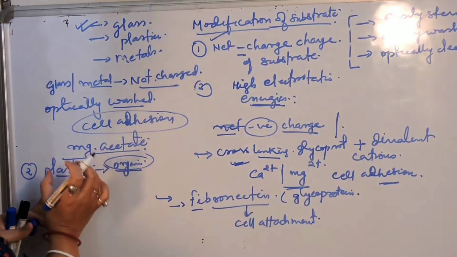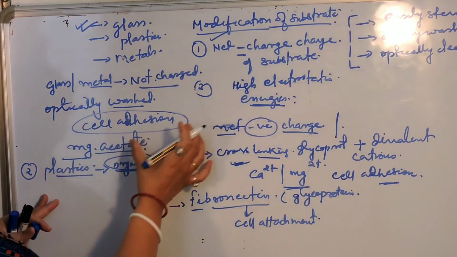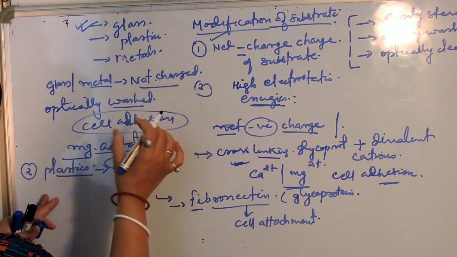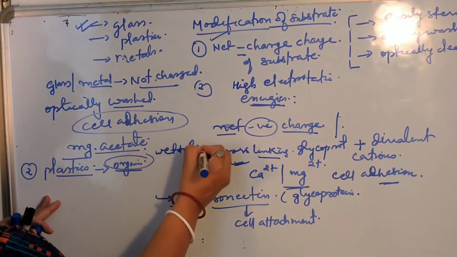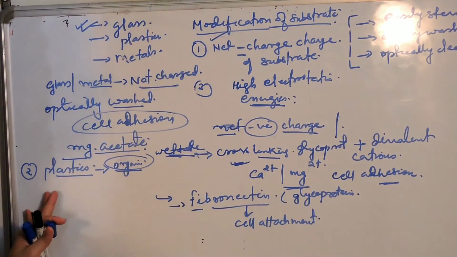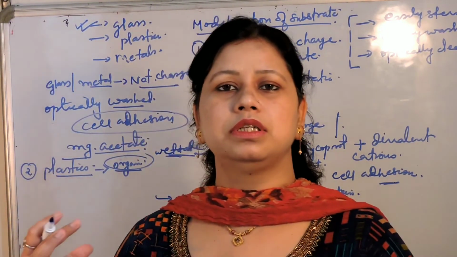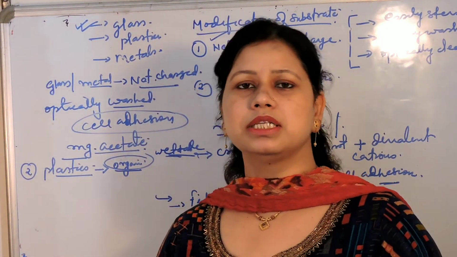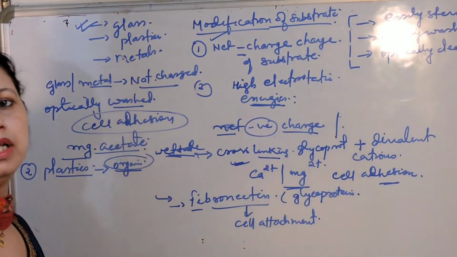So plastic or organic surfaces can be made negatively charged and wettable by treating them with certain chemicals, such as strong acids and oxidizing agents.